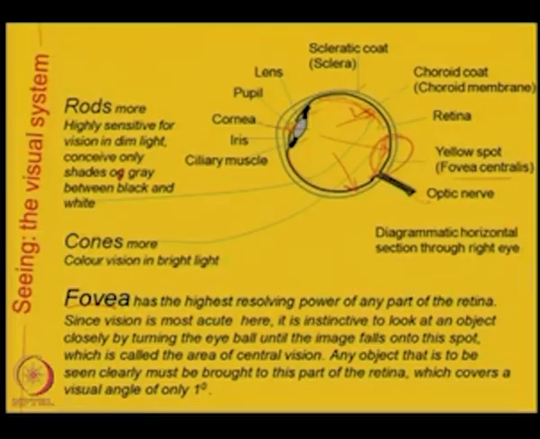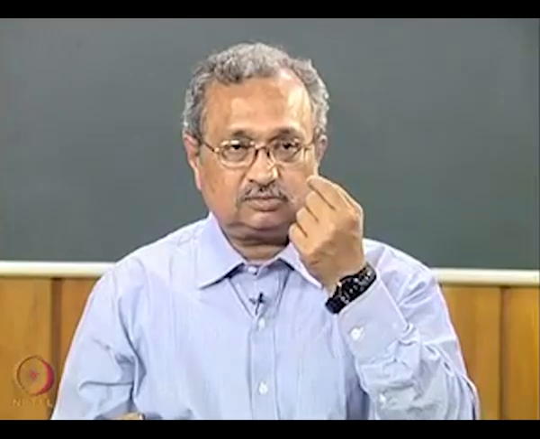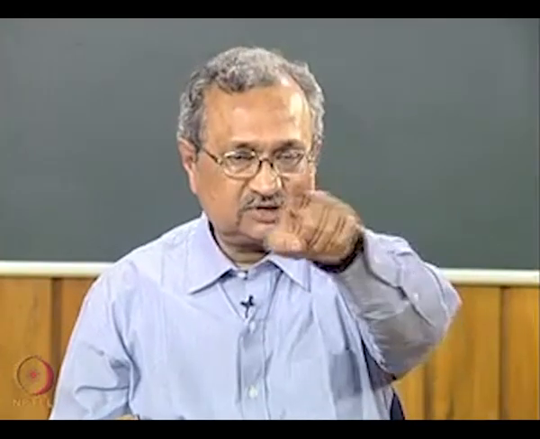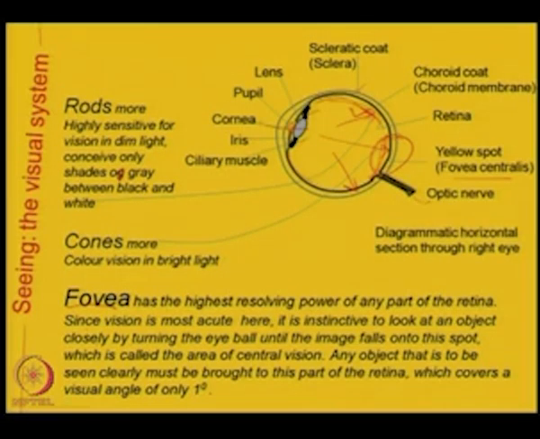So, what happens? To focus or to fix our eye on a specific area of interest, either our eyeball moves accordingly to focus on that, or the head also assists, which is called the area of central vision.